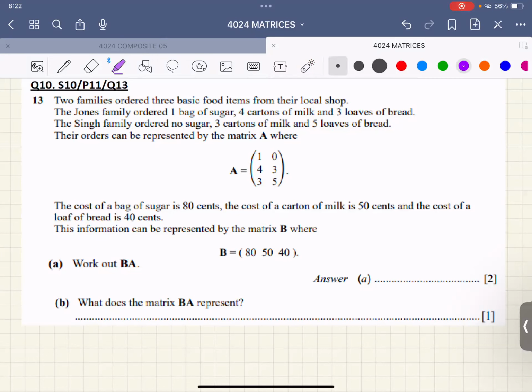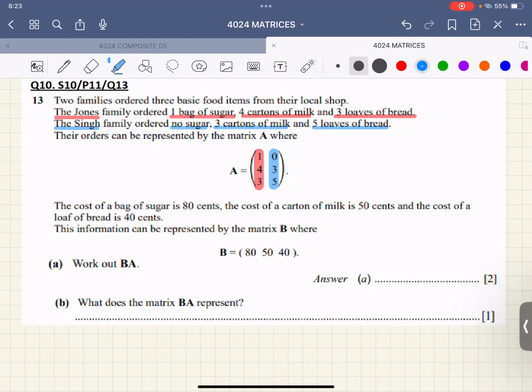This is the Jones family: 1 sugar, 4 milk, 3 bread, and I can highlight it like this. 1, 4, 3, that goes like this. And then there is the other family, the Singh family. They ordered no sugar, 3 cartons of milk, 5 loaves of bread. So that is 0, 3, 5. That is this for the Singh family.